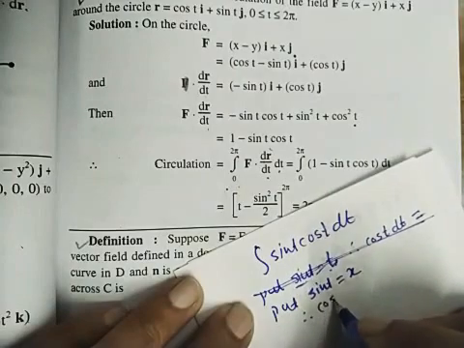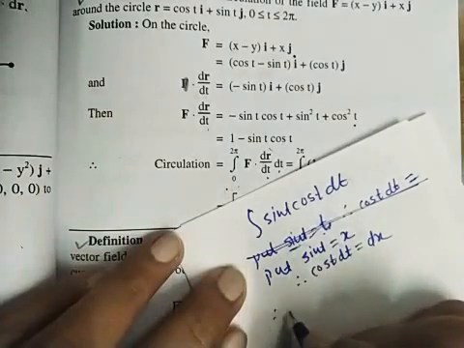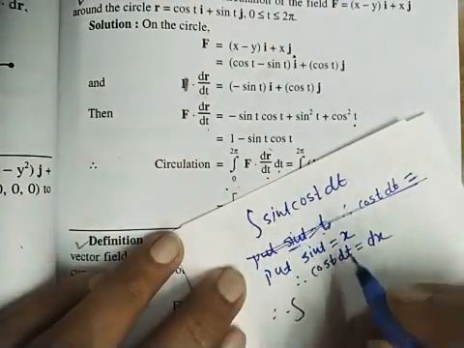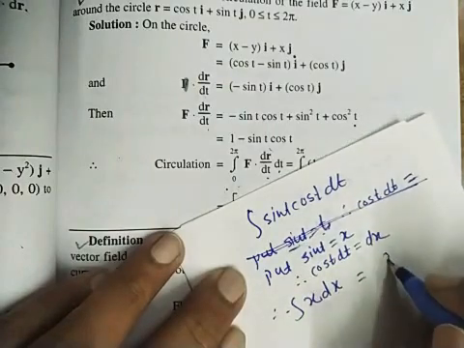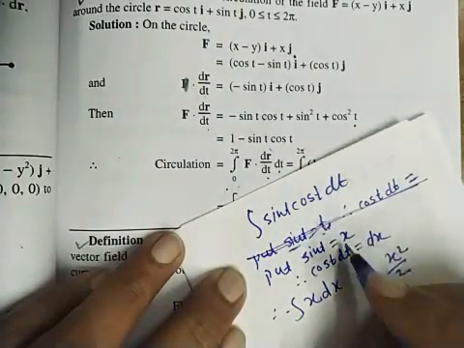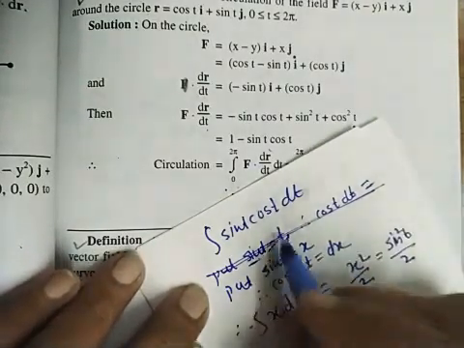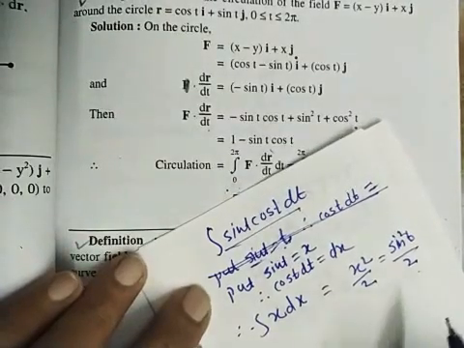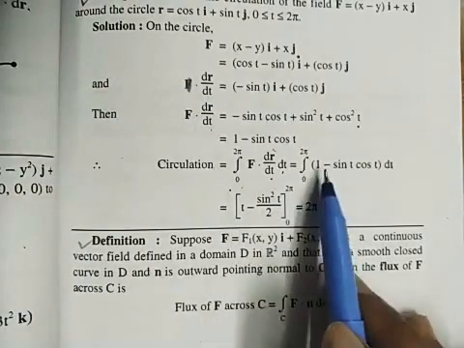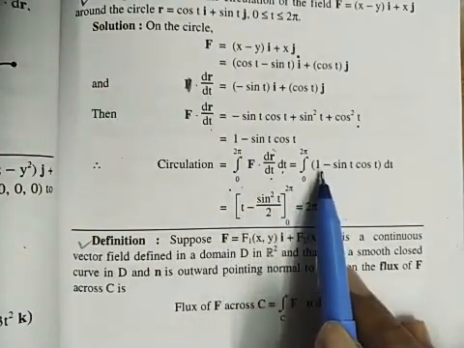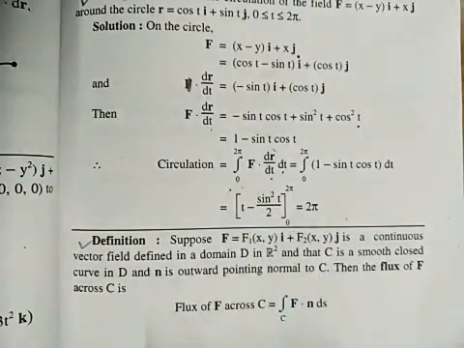Therefore its derivative, cos t dt, will be dx. Then this integration becomes the integral of x dx, which is x² upon 2. But x is sin t, so that will be sin²t upon 2. So the integration is t minus sin²t upon 2, and after applying the limits we get the answer 2 pi.